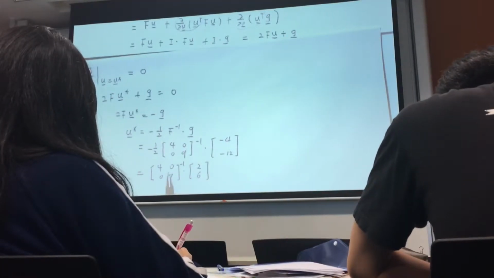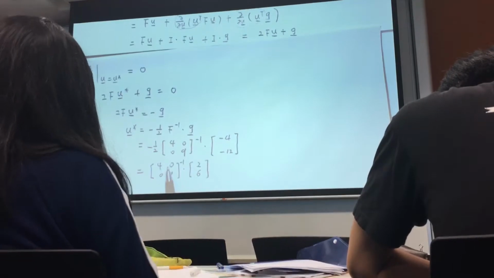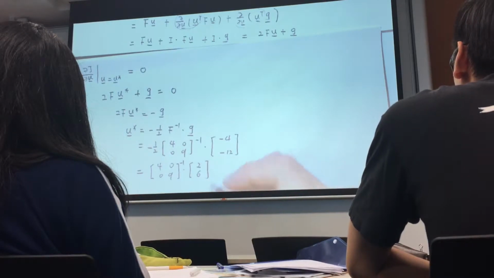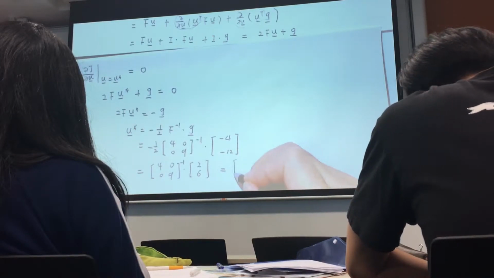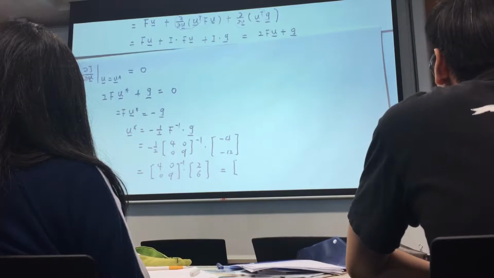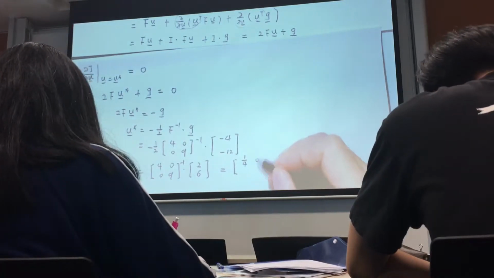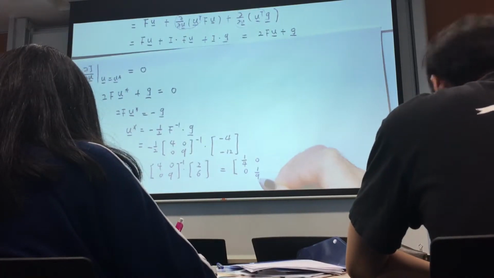The inverse of a general matrix is complicated, but for this diagonal matrix, it's simple. This is just equal to the inverse of the diagonal elements: 1 divided by 4, 0, 0, 1 divided by 9.